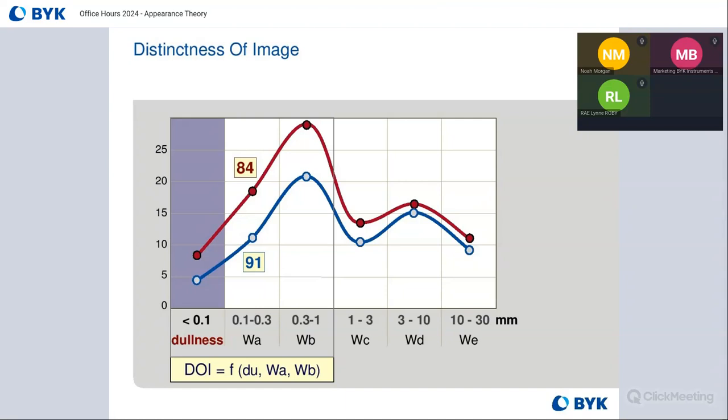While Noah's checking, a lot of times the customers specify what equation they want used for their pass-fail. So it's more based on what customers are requesting you to show them for data. And then if you don't have a customer-specific spec, we recommend that you use the whole structure spectrum, because that really helps you change your process to improve your appearance or change your material to improve the appearance.